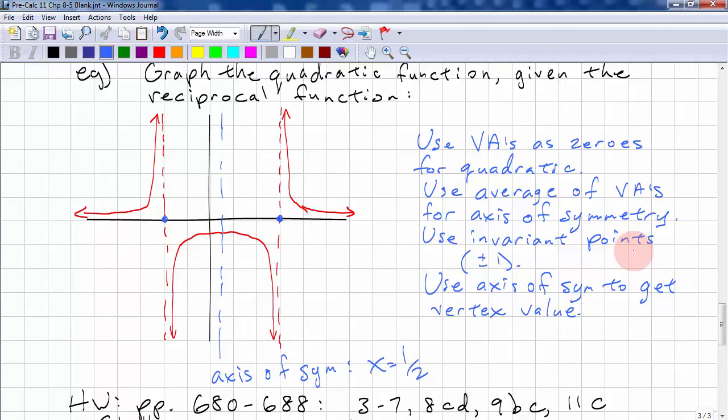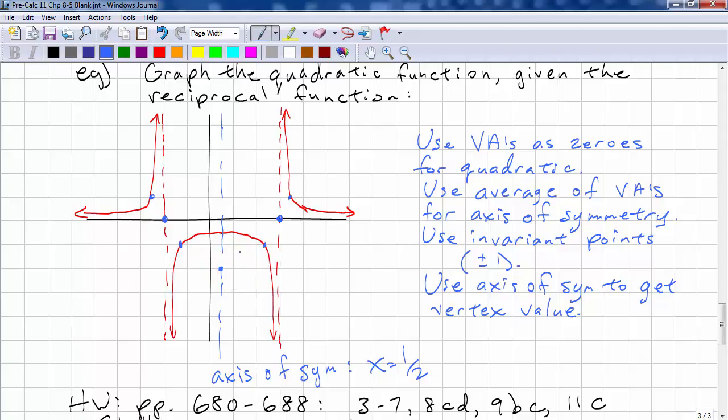Next, we use the invariant points, y equals plus or minus 1. So we have 1, 1, negative 1, negative 1. And we use the axis of symmetry to get the vertex value. So here is our minimum point on the axis of symmetry. We have negative 1/2, the reciprocal of that is negative 2. So there's our vertex, our minimum point.